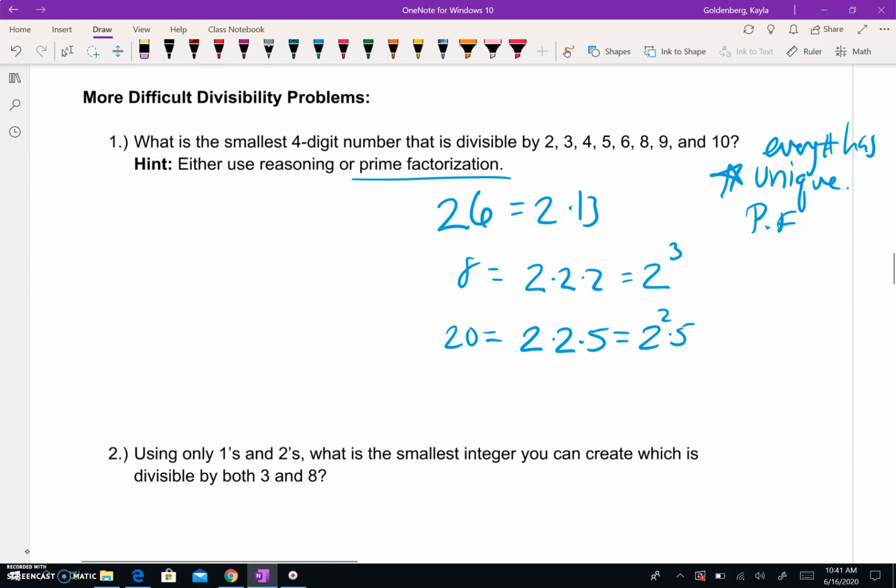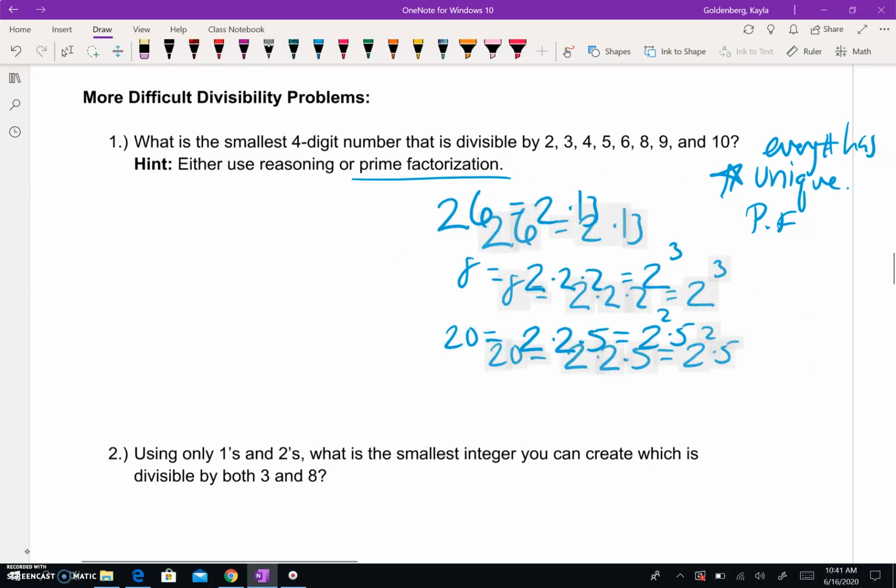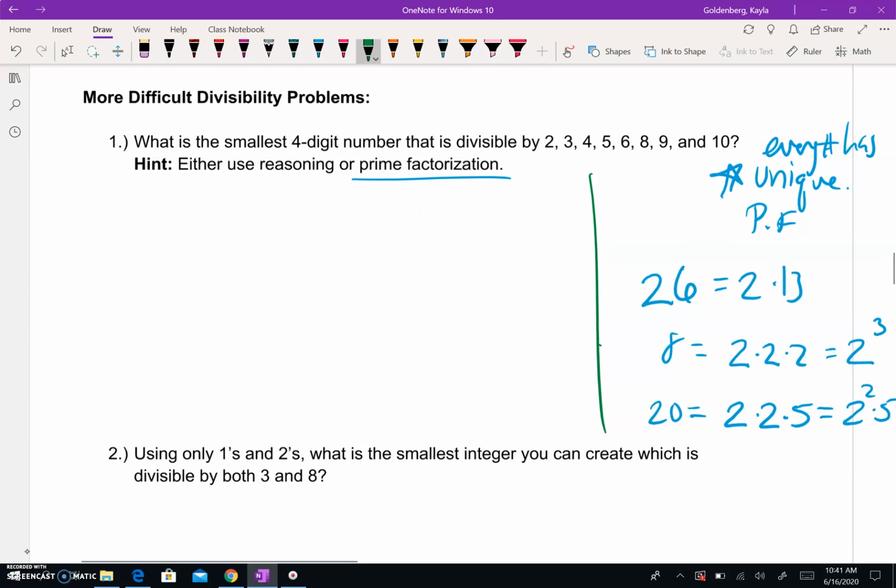So let's go back to the problem. We've now talked a little bit about what a prime factorization is for context. If I want to be divisible by all those numbers, I need 1, 2, 1, 3, to have the 2 and the 3. The 4, that means I just have to have another 2, right? Because 2 times 2 is 4. To be divisible by 5, I need to add in a 5.